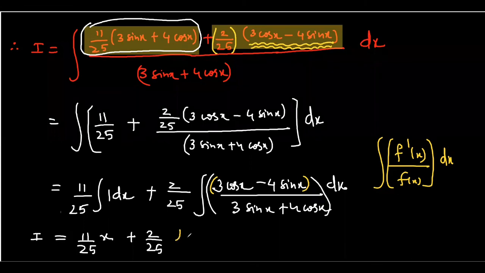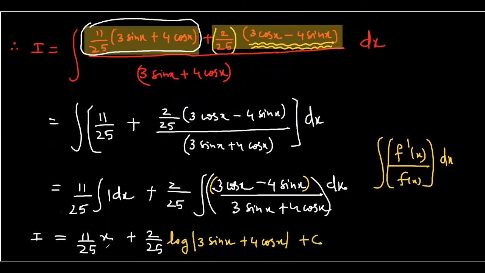So here you will have log of mod of 3 sin x plus 4 cos x plus c. This is the final answer. Okay, you can again replay the video and watch this. This is an important type of problem. Thank you.